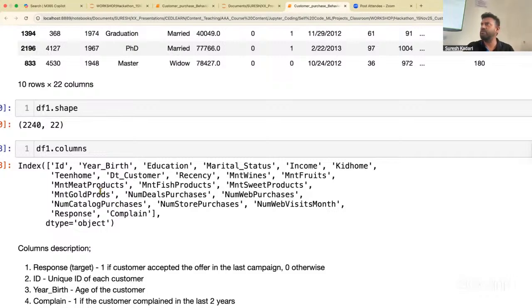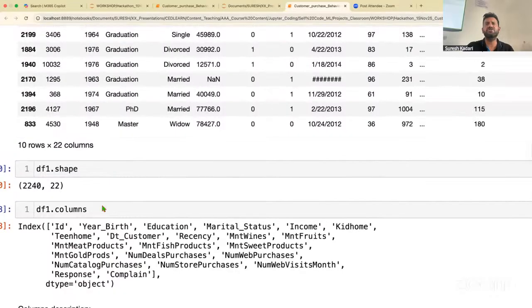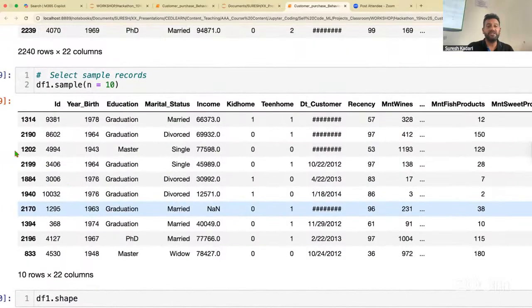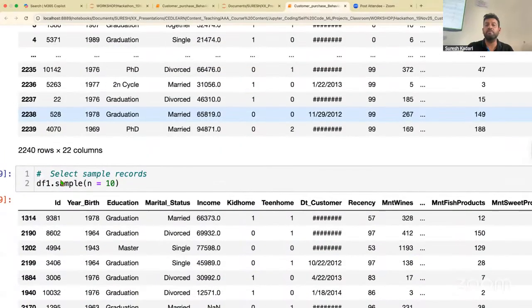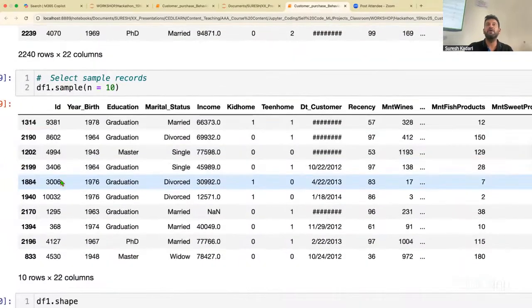One thing I tell you: what is the most dangerous column in the data set? What is the most dangerous and common column in any data set you pick up? You will find that column in every data set. Any data set you take, you will find that column, and it is dangerous.